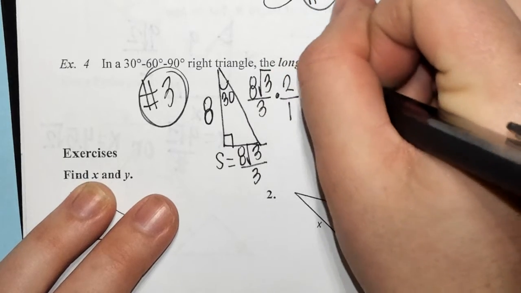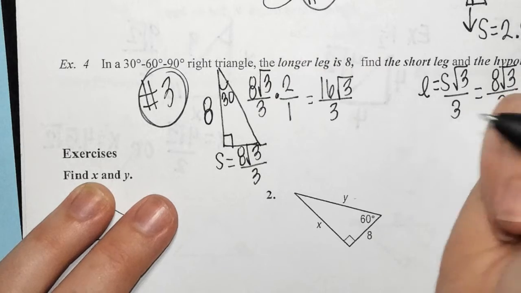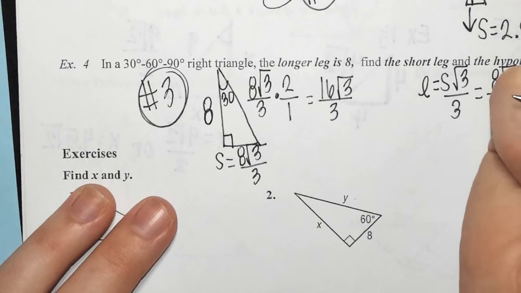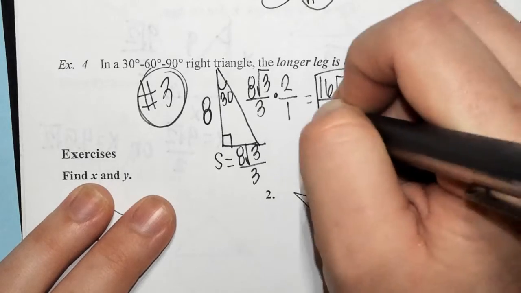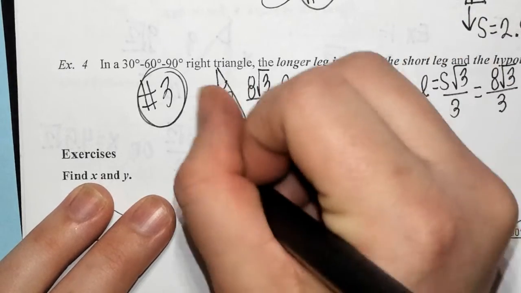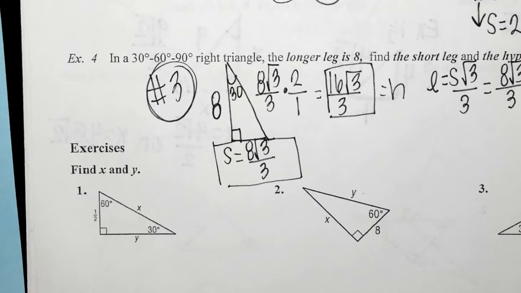So you get 16 square root of 3 divided by 3. And that decimal would be 5.333 repeating. So you don't want that as a decimal either. So this is your hypotenuse, and this is your short. So that's 30-60-90.